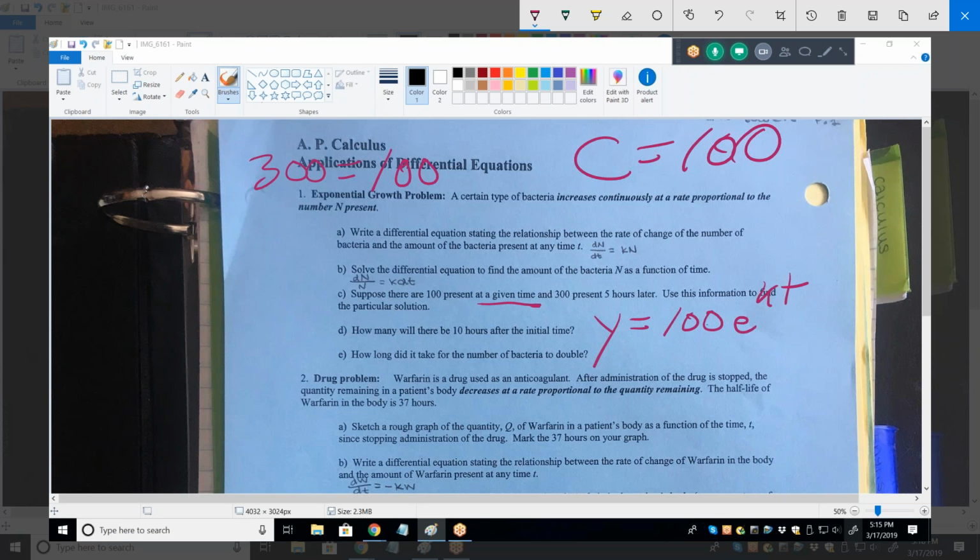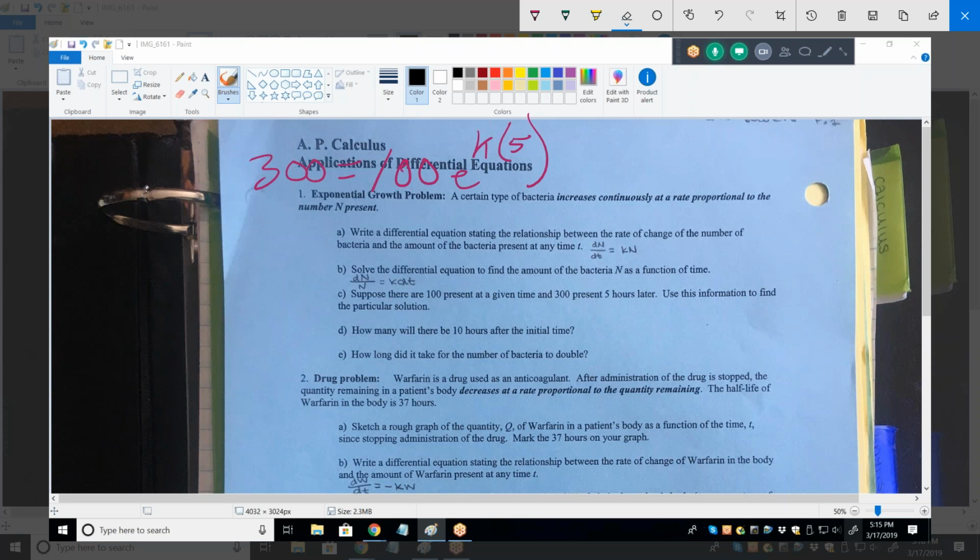We've determined what C is. Now notice there's only one variable in that equation, k. e is not a variable. e is a number. Okay, so let's solve for k.